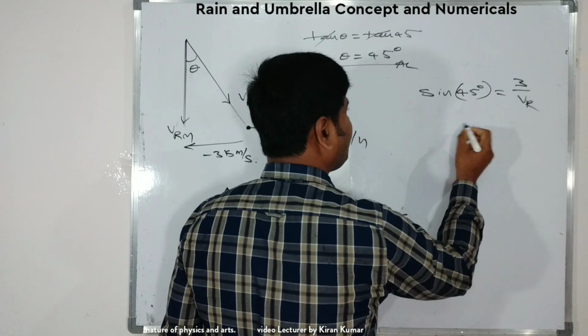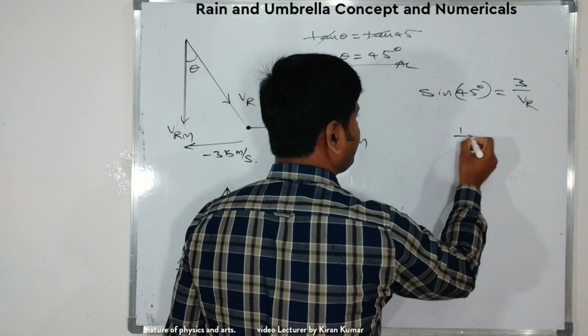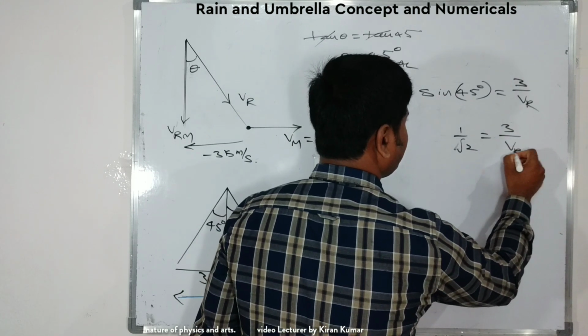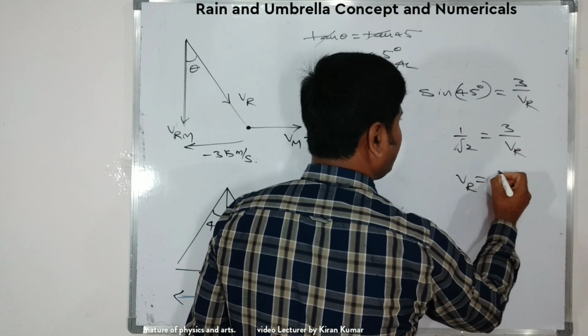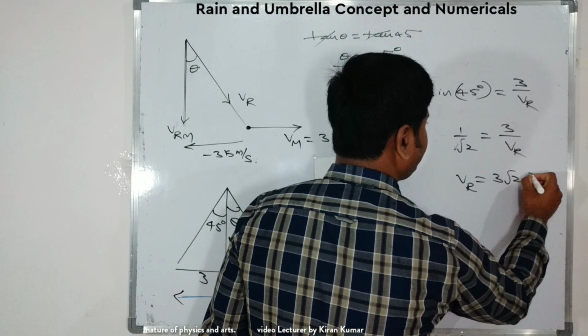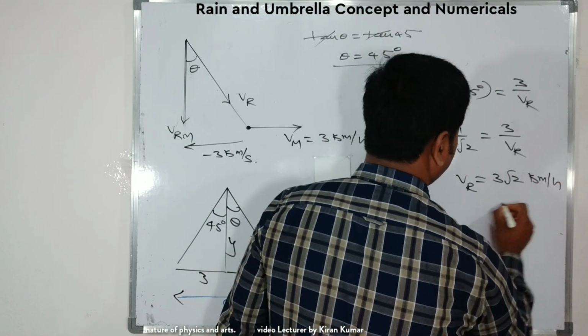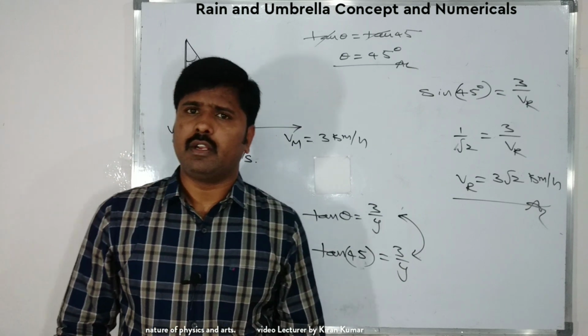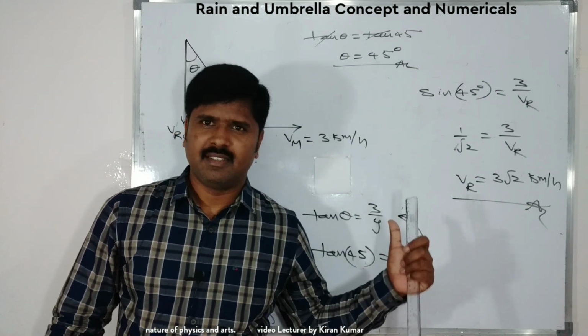From this, sine 45 value is 1 by root 2, which is equal to 3 divided by VR, and VR is equal to 3 root 2 kilometer per hour, which is the second answer for the given question. Please copy this.